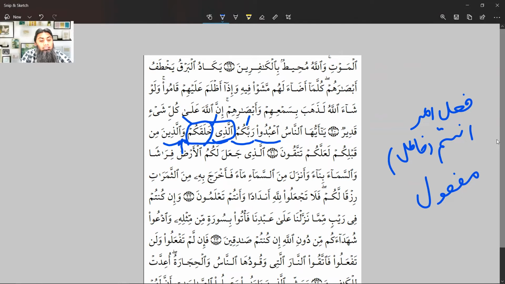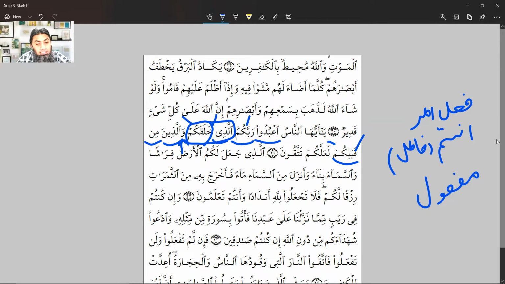Okay, brother. Now this wow is connected. Alladhina is again ism mawsul. Min qablikum is jar majroor. Min is jar, qablikum is majroor, but qablikum is itself mudaf and mudaf ilayh. Brothers, please pay attention.